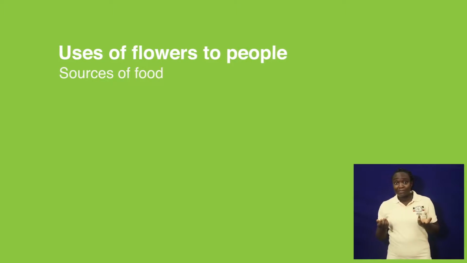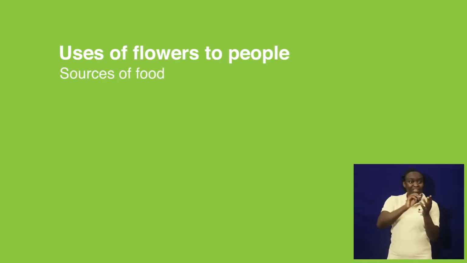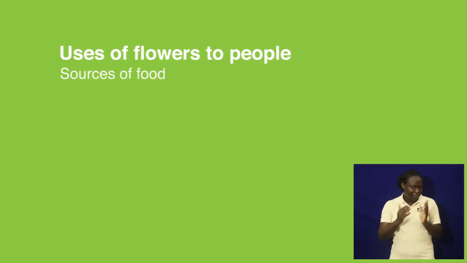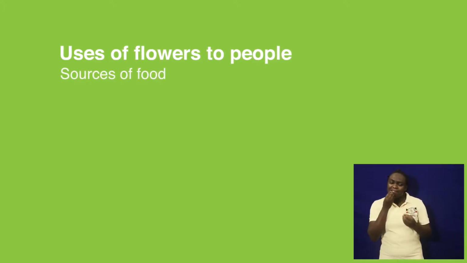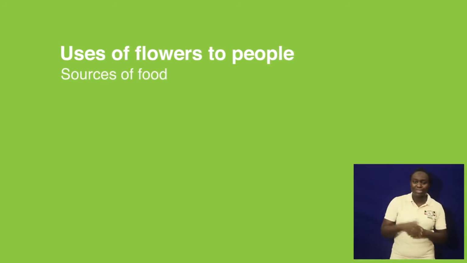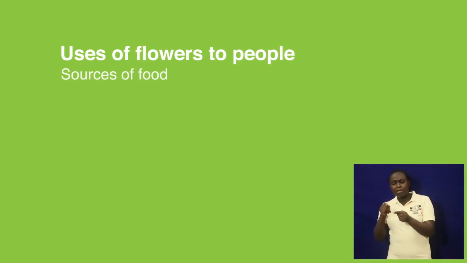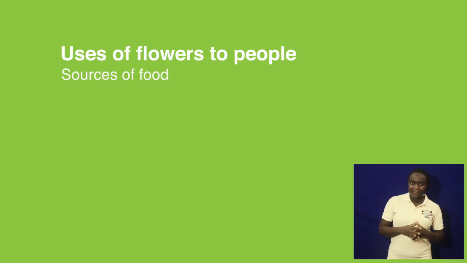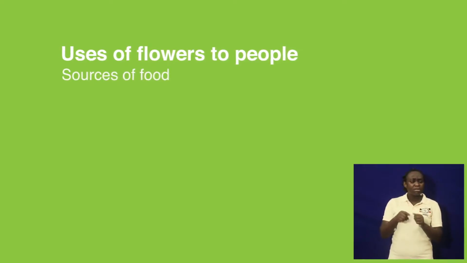Are there some of these parts of the flowers that we eat? Oh, okay, sometimes we eat flowers. Do you know plants that provide us with flowers for food? So, continue to check whatever meal you have enjoyed and try to find out whether some of the dishes included flowers in them.